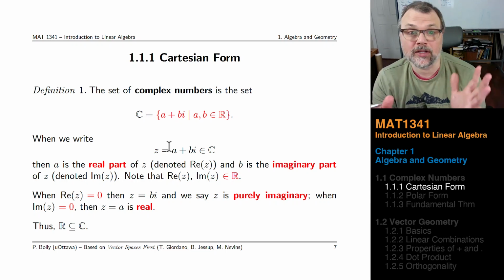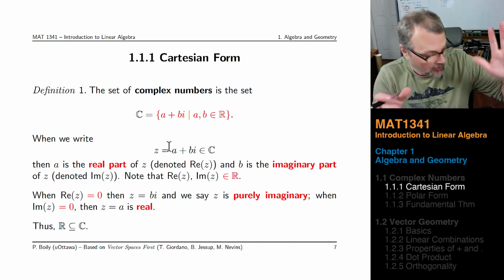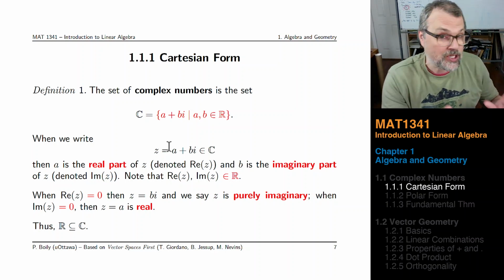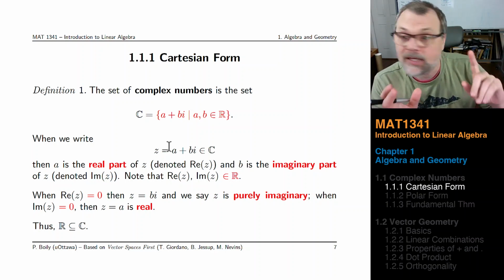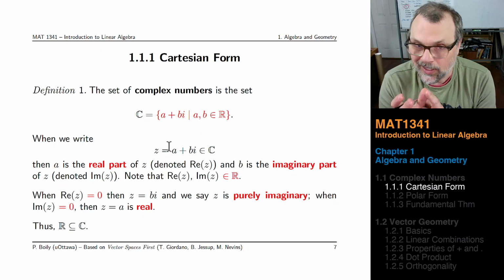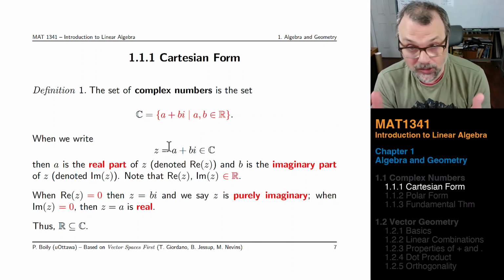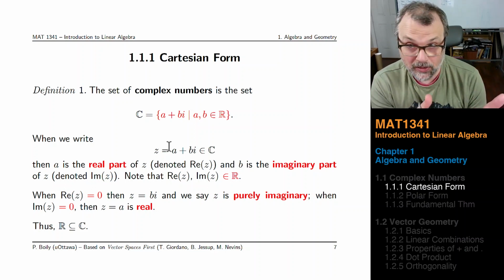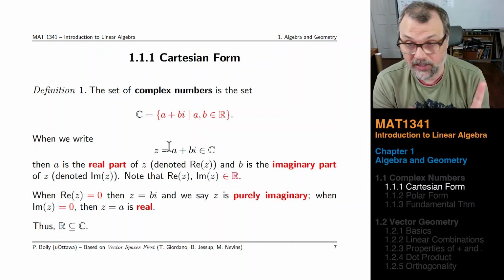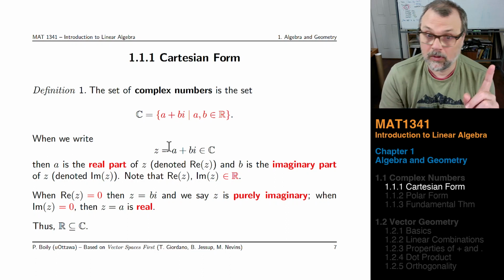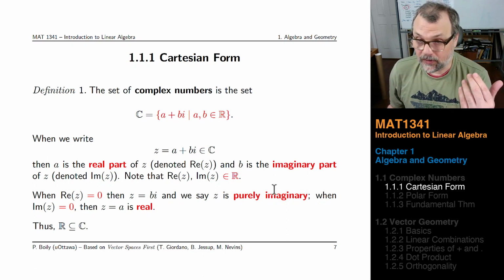Every single real number, pick your favorite real number. Let's say your favorite real number is pi. Pi is also a complex number. It's just not a purely imaginary number. It doesn't have any imaginary part to it, only a real part. But real numbers are complex numbers as well. It's a restriction of the complex numbers.